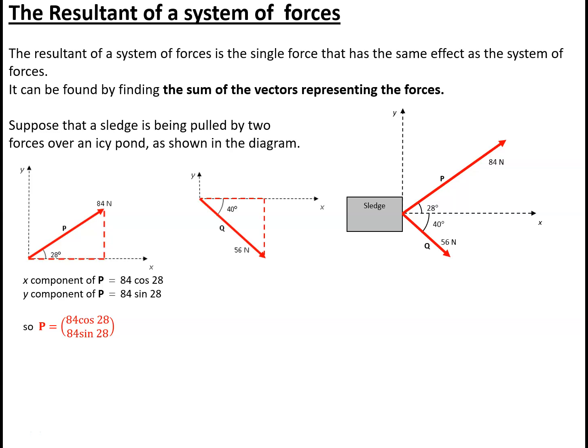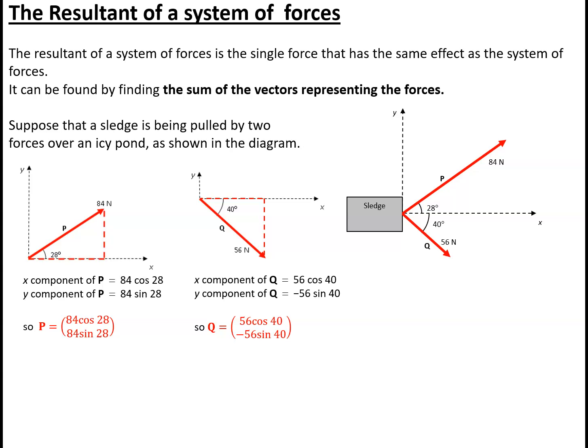The force Q, looking at the diagram, has clearly got a positive x component, but a negative y component. So the x component of Q is going to be 56 cos 40, but the y component of Q is going to be minus 56 sine 40. So the force Q is the vector 56 cos 40, minus 56 sine 40.